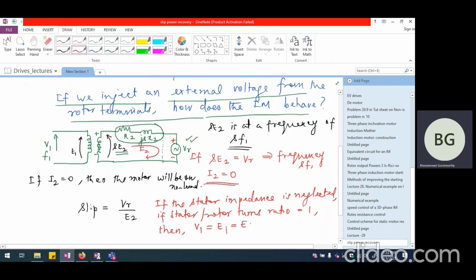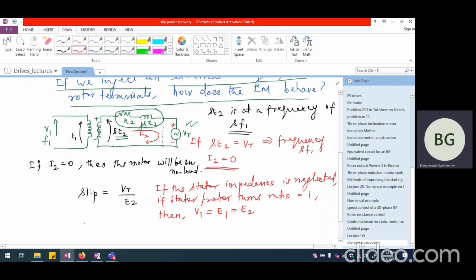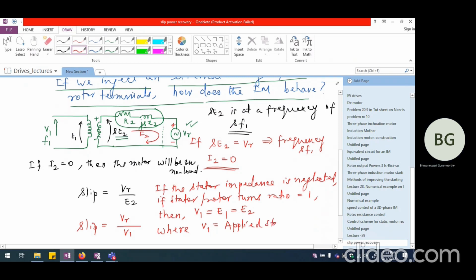That should also be equal to E2, where E2 is the induced EMF in the rotor circuit at standstill condition. They should be equal to each other. So I should be able to write this as slip is equal to VR divided by V1, where V1 is the per phase applied stator voltage.